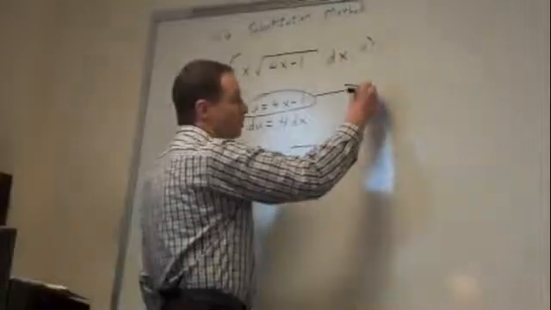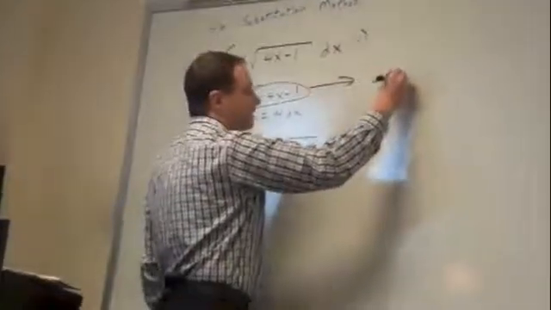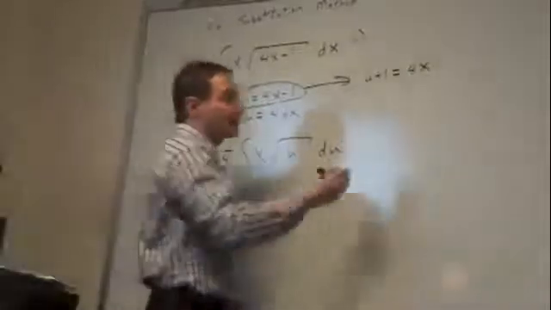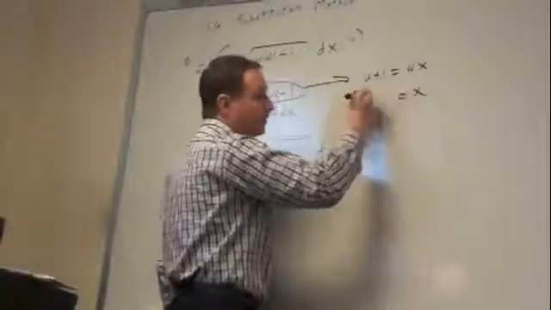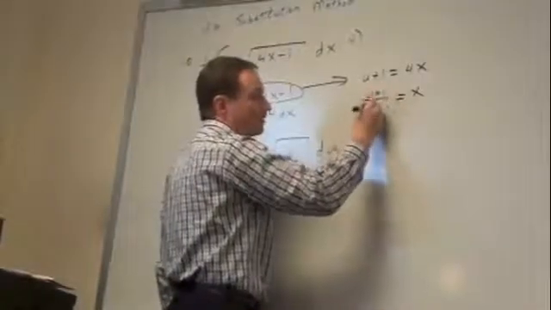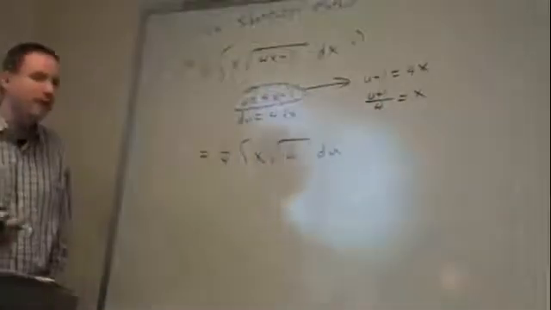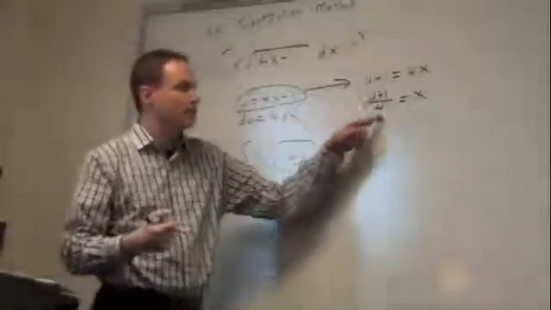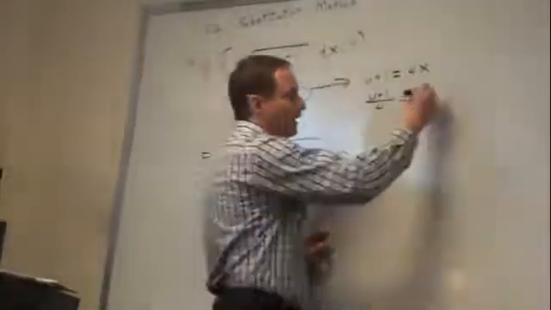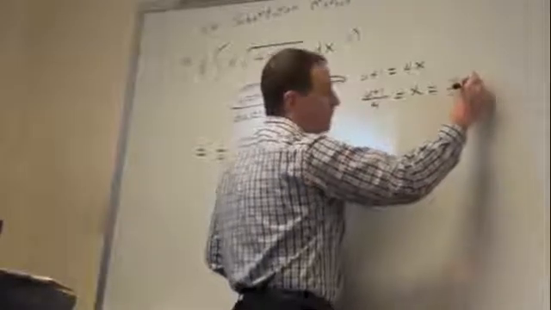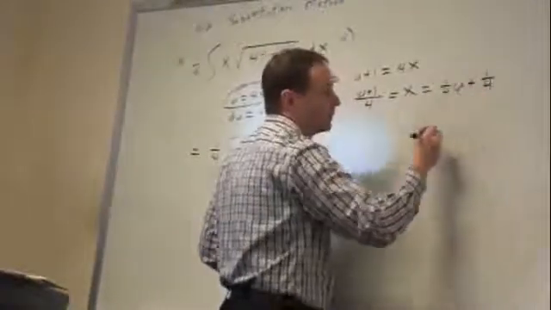So I'll say u plus 1 is equal to 4x. So x is equal to u plus 1 over 4. It would even be better if you went ahead and distributed that 4 into the numerator and said, well, x is equal to 1/4 u plus 1/4.